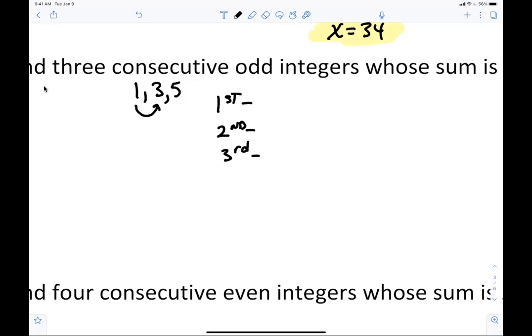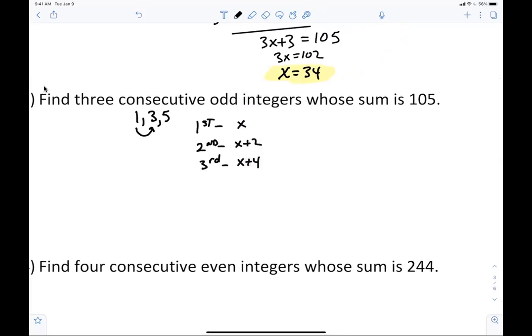Now, from there, the first number will be x, the second number will be x plus 2, and the third will be x plus 4. There we have it, guys. And what are we supposed to do with those numbers? Add them together. So that becomes 3x plus 6 equals 105.